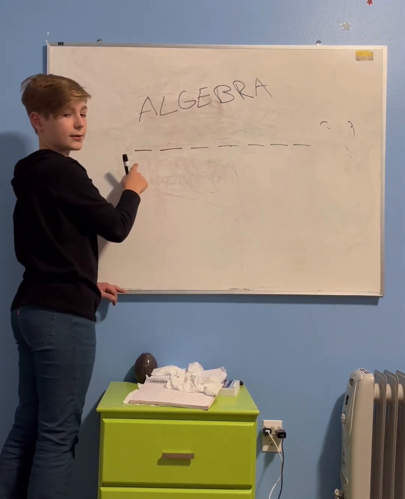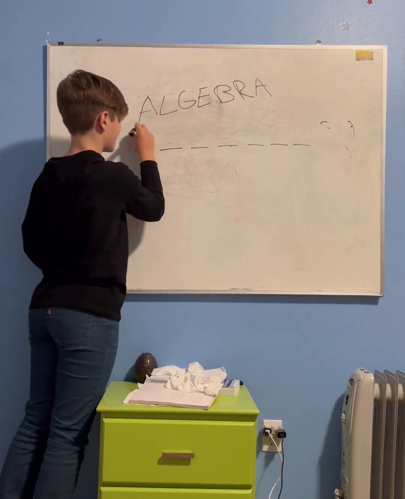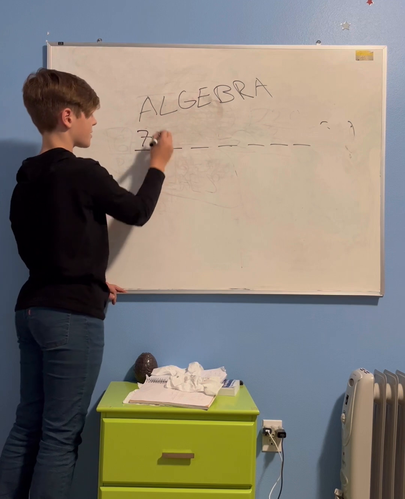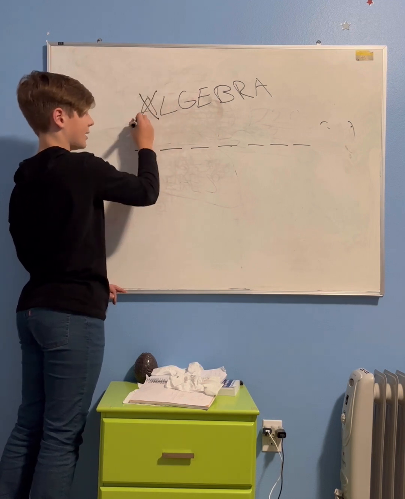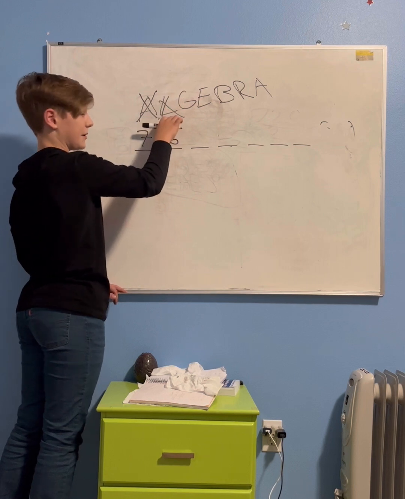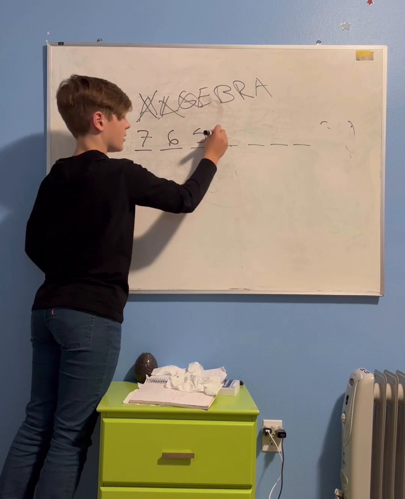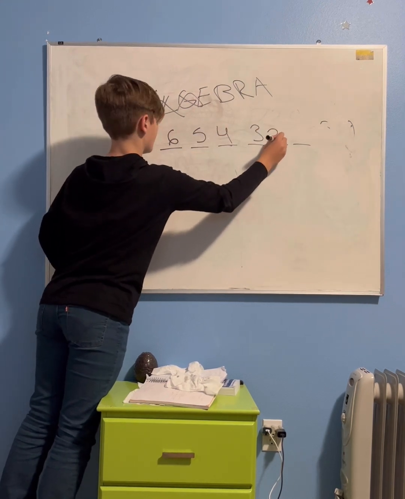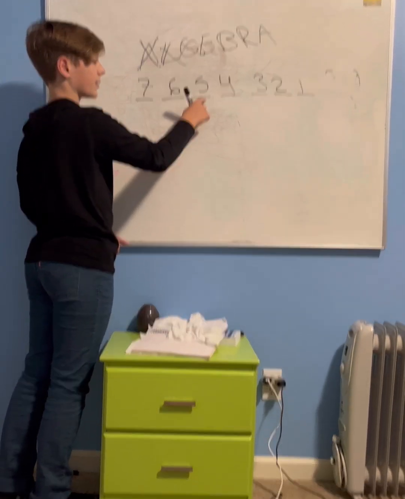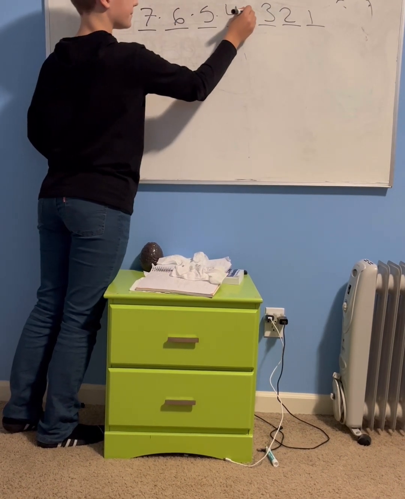The first underline could be any of the letters A, L, G, E, B, R, A, so we can put 7 here. Next, we'll take away one letter, leaving us with 6 options. We have one less letter now because we already used 2, so we have 5 options remaining. And this goes on until we have reached 7, 6, 5, 4, 3, 2, and 1. So now we multiply them together.